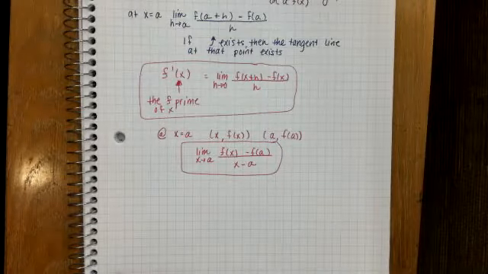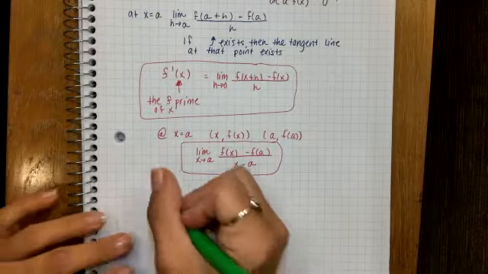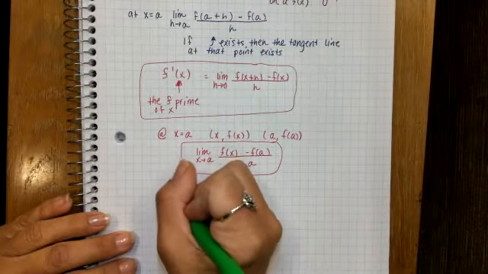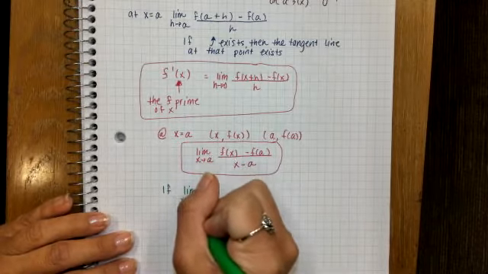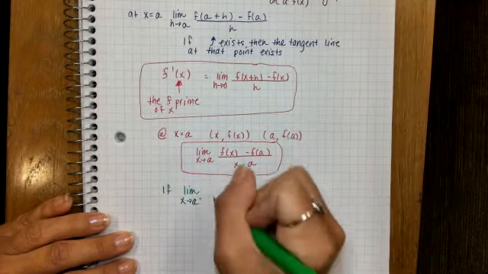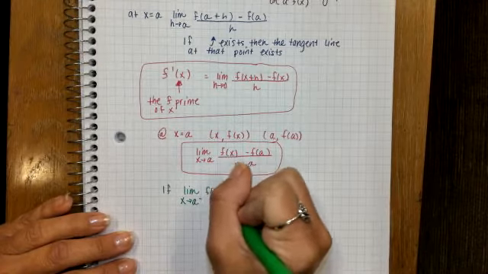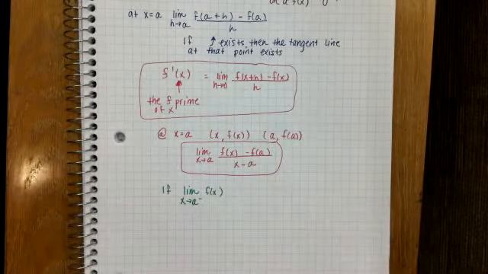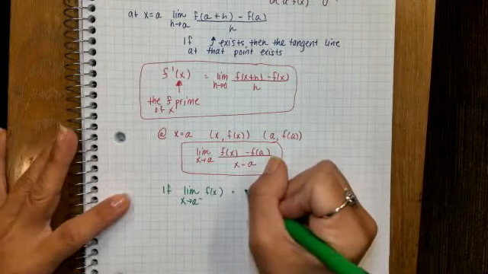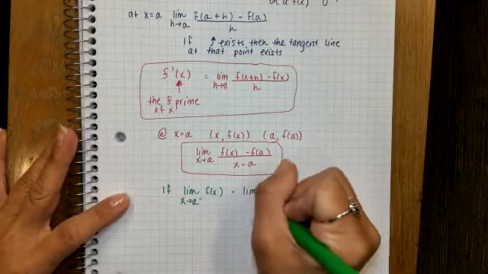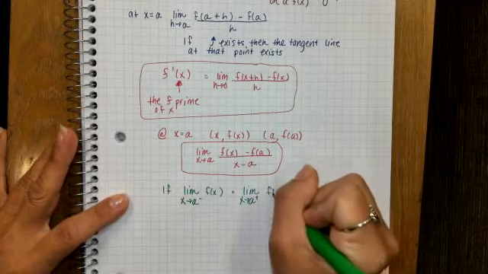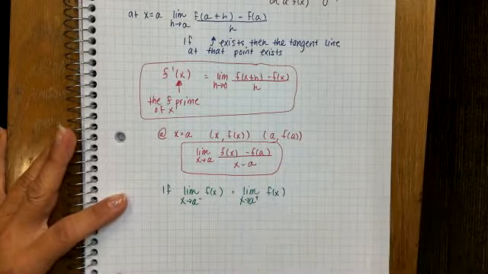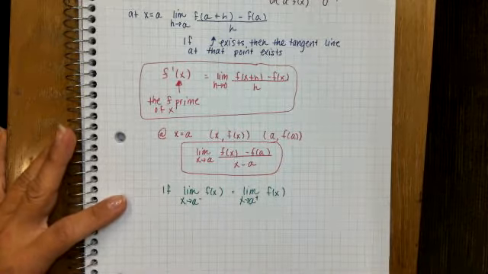Okay, so let me zoom out here and let's do a couple examples. Let's go back to right hand and left hand limits for a minute. So if you have the limit as x approaches a from the left of some function, and that equals the limit as x approaches a from the right of the function, what do we say about the limit?